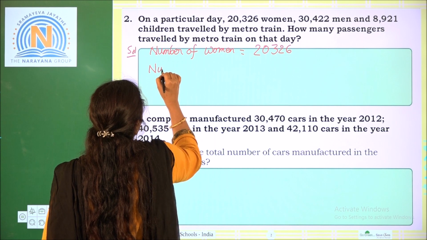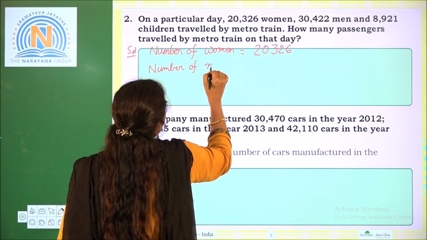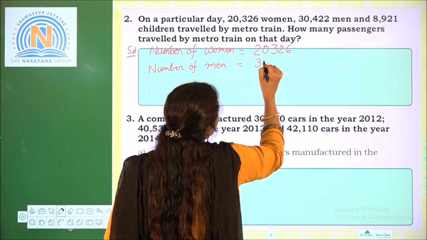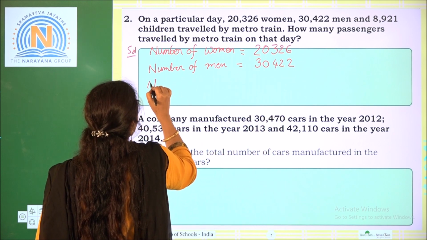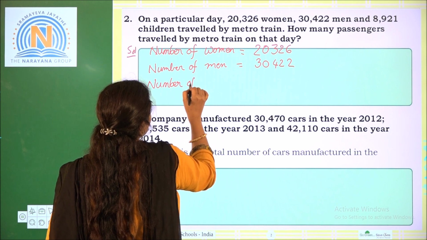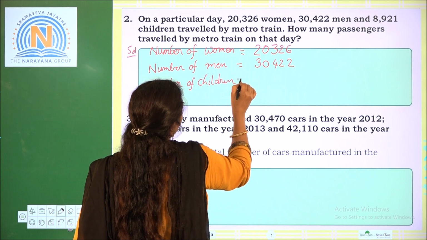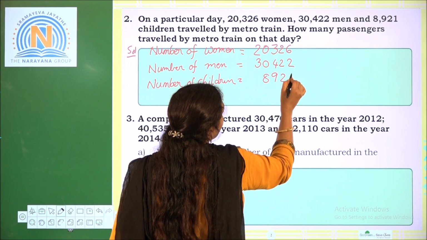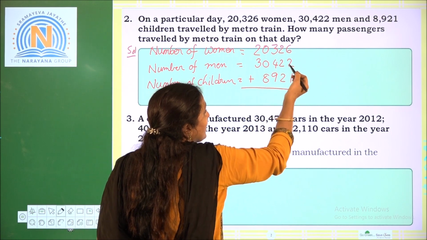Number of men equals 30,422. Number of children equals 8,921. Now add all. 6 plus 2 plus 1 equals how much?